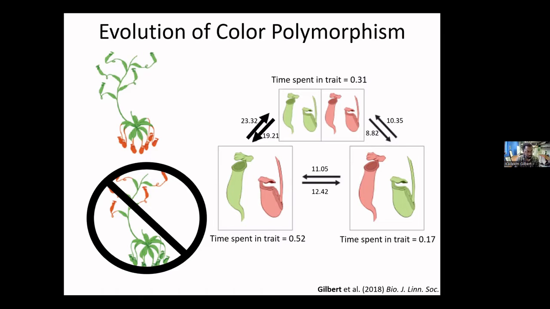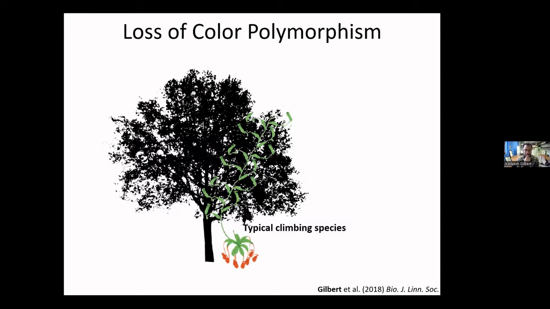And I'll wrap this up with some more findings on the evolution of color polymorphism, which I believe links back to this possible relationship to herbivory. So in addition to looking at the color polymorphism, I looked at their growth habit.